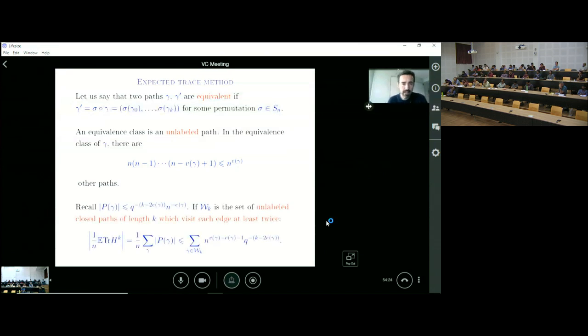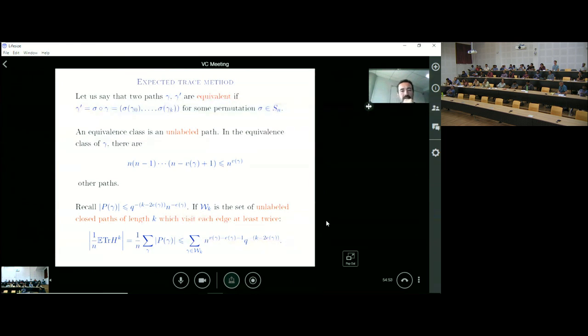And combining these two pieces of information, we can rewrite the expected trace in a compact way as follows. We call W_k the set of equivalence classes, or unlabeled closed paths, of length k, which visit each edge at least twice.